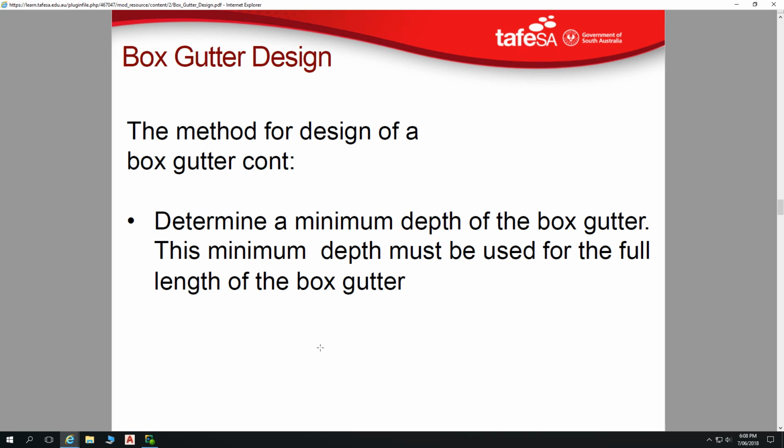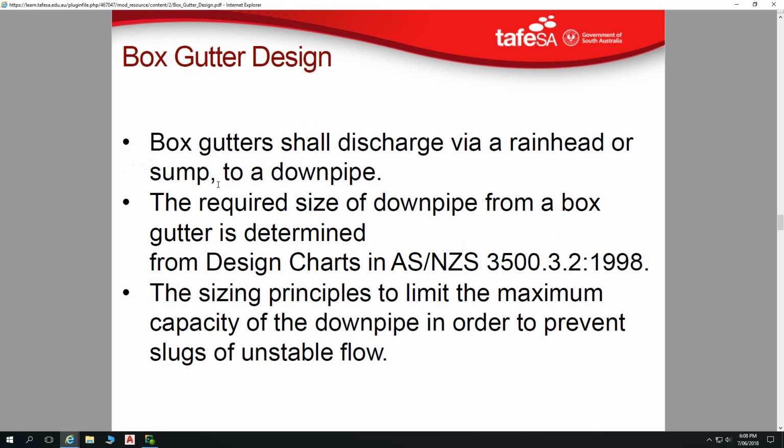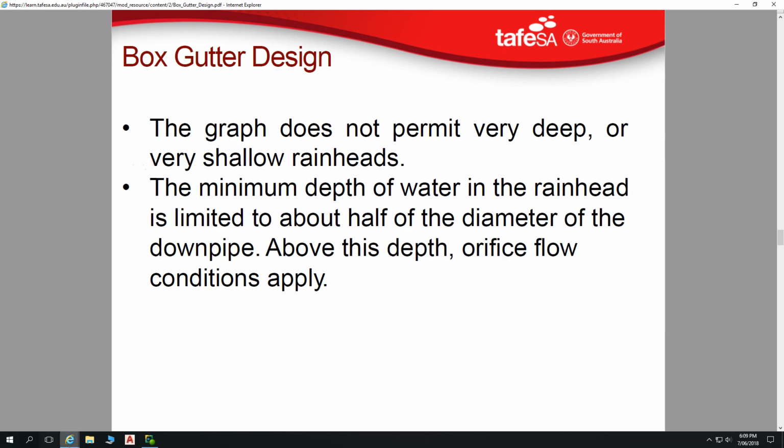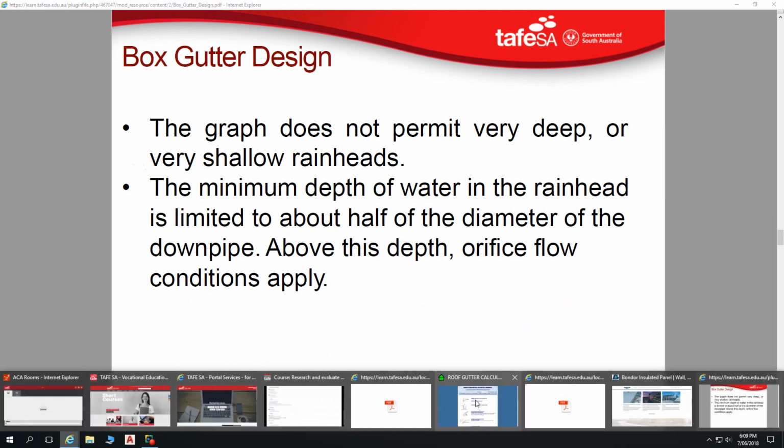Determine a maximum depth of the box gutter. This minimum depth must be used for the full length of the box gutter. You just charge it to a rain head. The required size of the downpipe for the box gutter is determined from design charts in AS/NZS 3500, with sizing principles to limit the maximum capacity of the downpipe in order to prevent slugs of unstable flow.